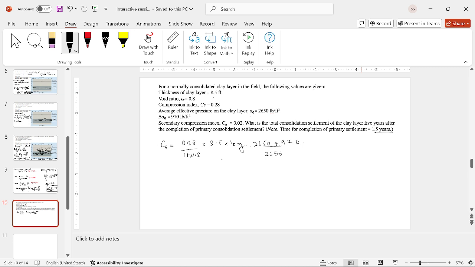Okay, so let's calculate. This is 0.28 into 8.5 into log of 2650 plus 970 divided by 2650.